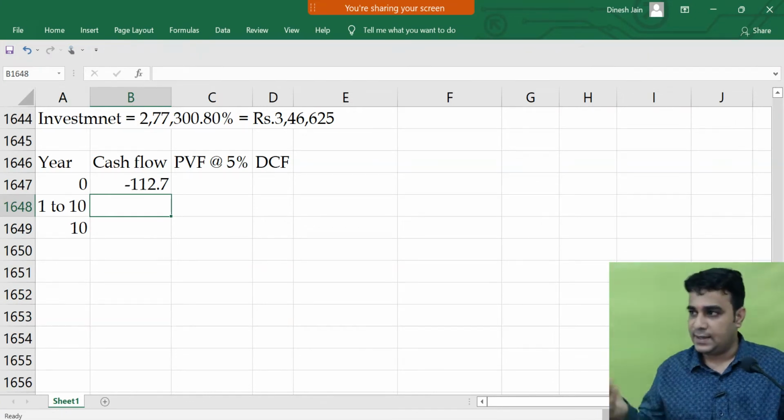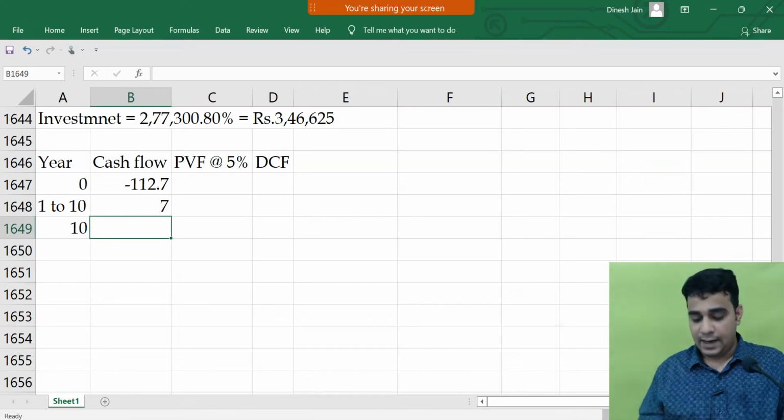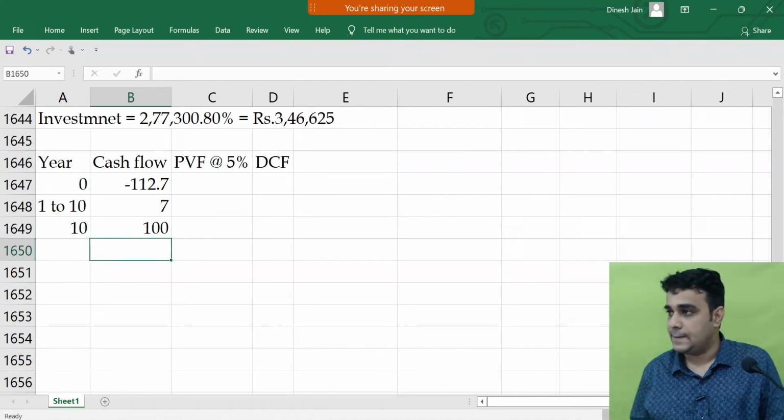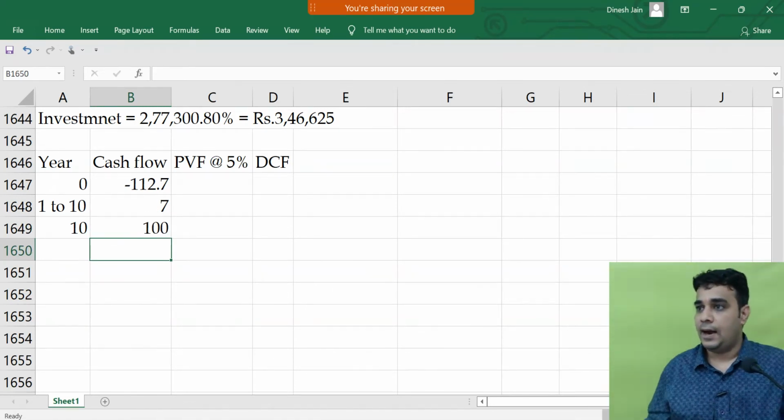so that I get a positive NPV when I reduce the rate. I increase the rate, I get a negative NPV. Every year you will get 7 rupees, and at the end of the 10th year you will get 100 rupees.